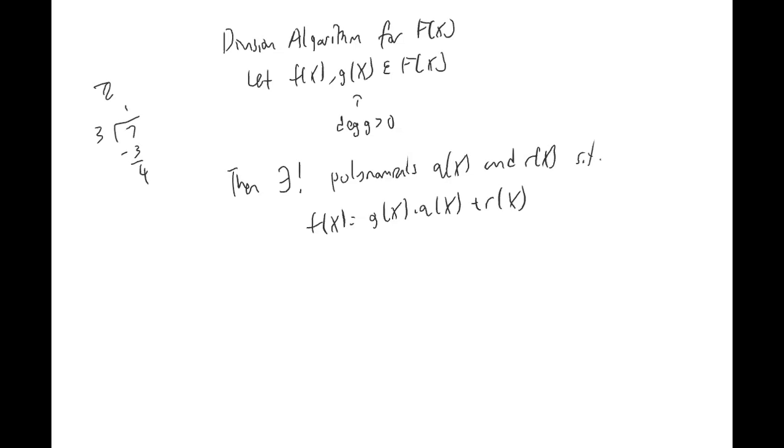So in general, what do you think is the thing here? Obviously this must be 1. So in other words, the remainder in a sense has to be smaller in size than what you divide by, right?